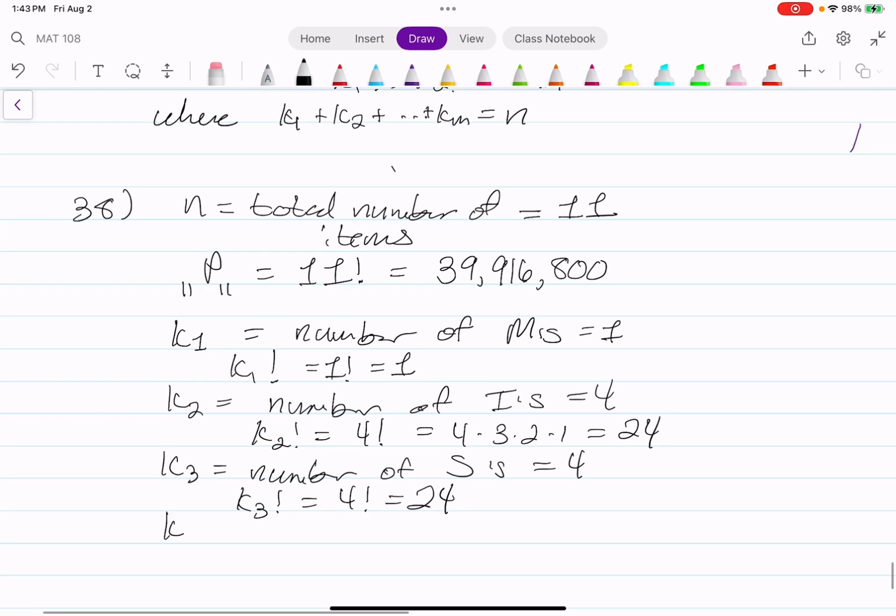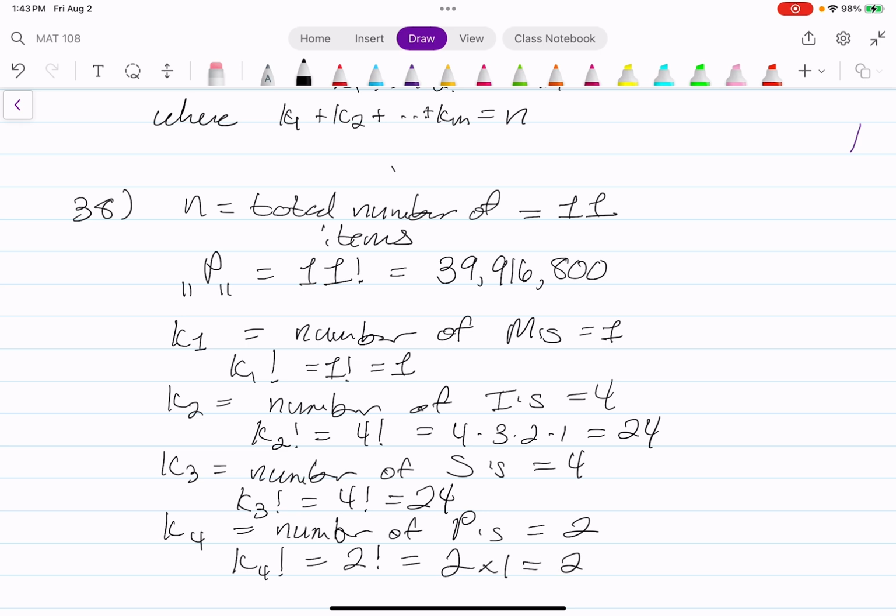And last but not least, k sub 4 equals the number of P's in the word Mississippi. There are 2 P's. So k sub 4 factorial just equals 2 factorial, and that equals 2. Because it's just 2 times 1.